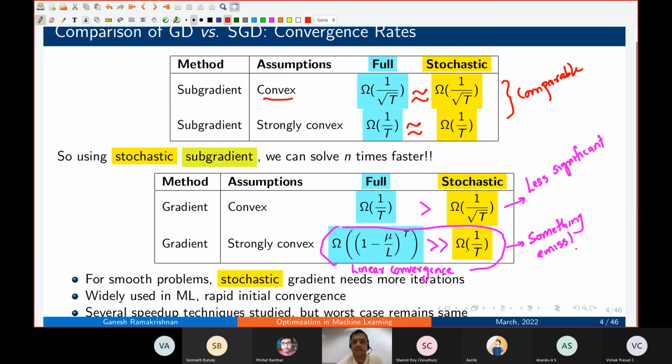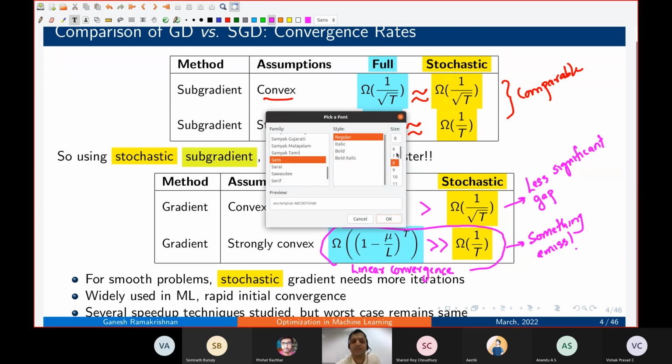What else do you get from this slide? We should have mentioned something more. Is there nothing that stochastic gradient descent is giving you, even in the subgradient case? What should have been noted additionally?